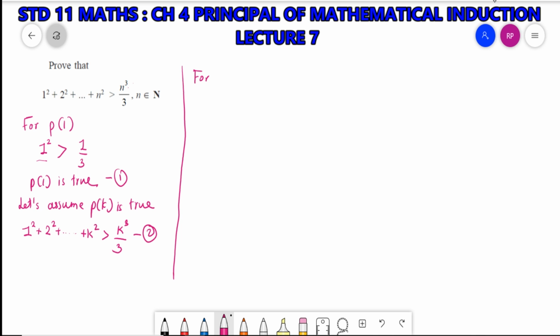Now for P of k plus 1, we have to prove 1 square plus 2 square, so instead of n, I will use k plus 1, whole square is greater than (k plus 1) whole cube upon 3.